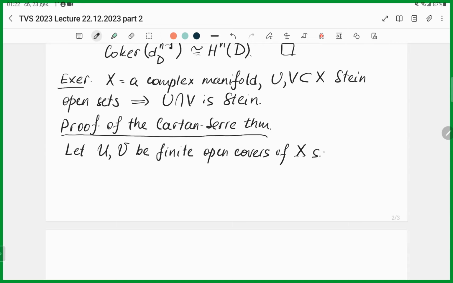such that V is a refinement of U in the following strong sense: for every set V in V, there is a set U in the first cover, script U, such that the closure of V is contained in U. So in particular, V is a refinement of U, but the point is that we put the closure here.